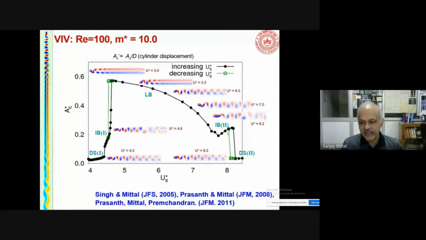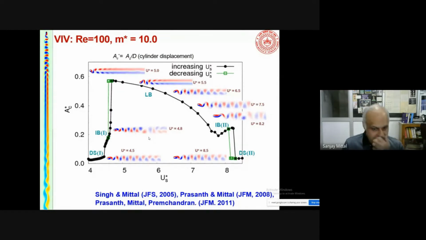And then after you get this desynchronization. So it's very interesting: desynchronization on 2 sides, which is the unlocking, and then the initial branch again on the 2 sides. And in between sits the king of lock-in, which is the lower branch, a fairly high amplitude motion.